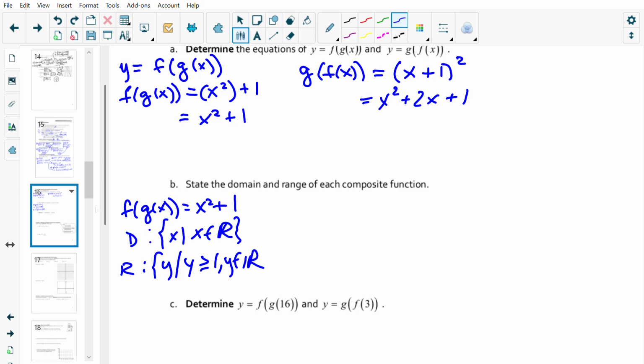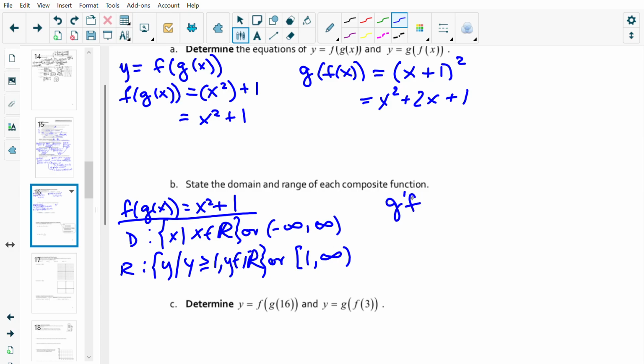Let's practice our interval notation. So this is greater than or equal to 1, so it's a square bracket 1 and then positive infinity round bracket. Okay, that's the first part.